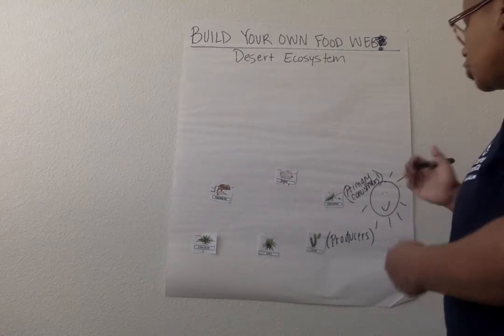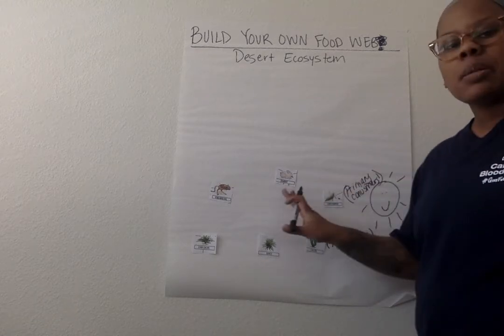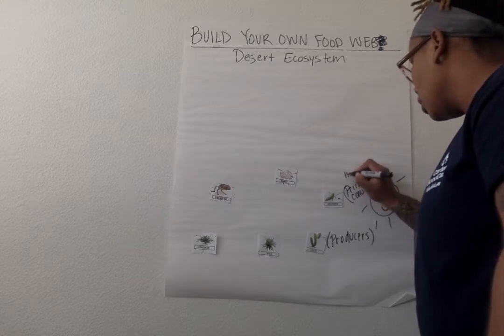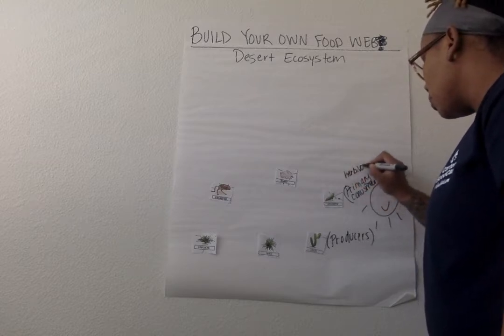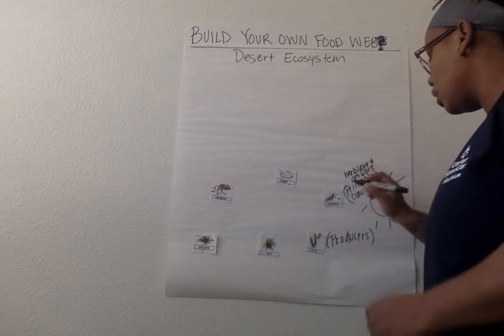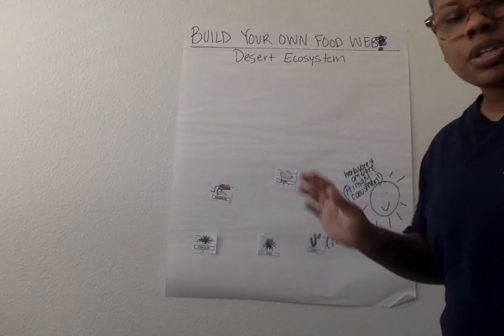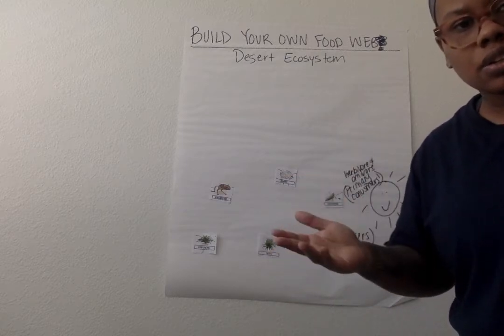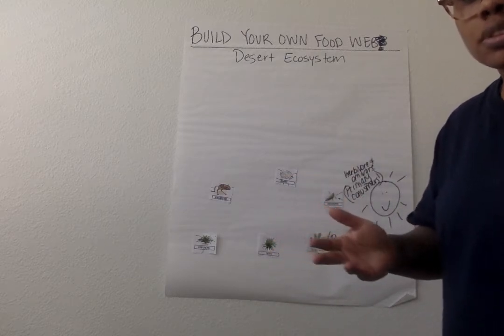And then if you want to, you can put that these primary consumers are mainly herbivore and omnivore. Okay? So that we know that they eat plants and they could possibly eat other consumers.